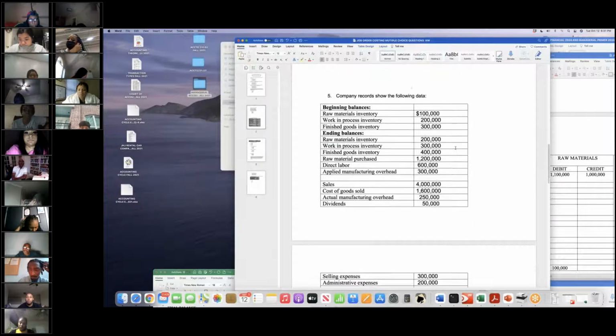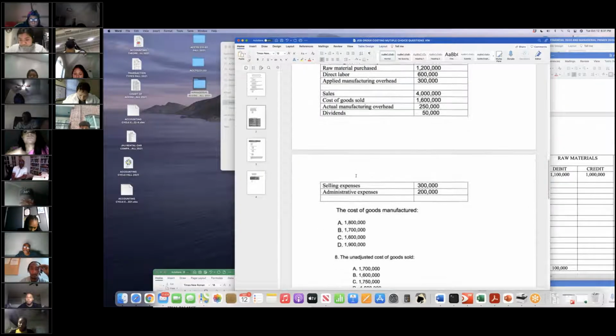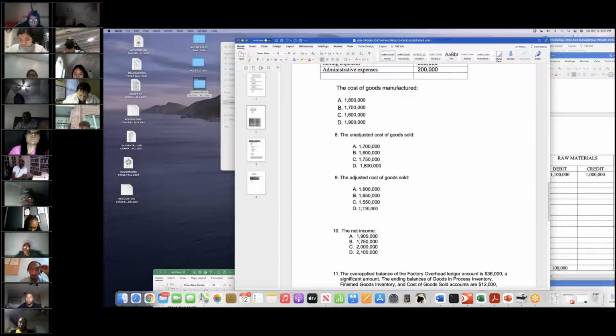Now let's move on to this problem where we have the work in process account again, but we have beginning and ending balances for raw materials, work in process, and finished goods, and ending balances for labor, overhead, sales, cost of goods sold, and actual manufacturing overhead.